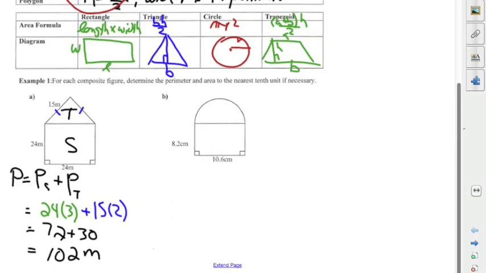So here's a harder question. What's the area? Well, for area we do the same thing: area of the square plus area of the triangle. What's the area of the square?